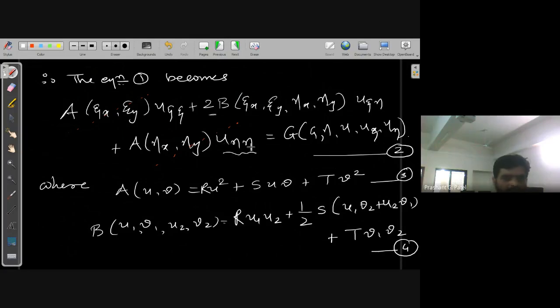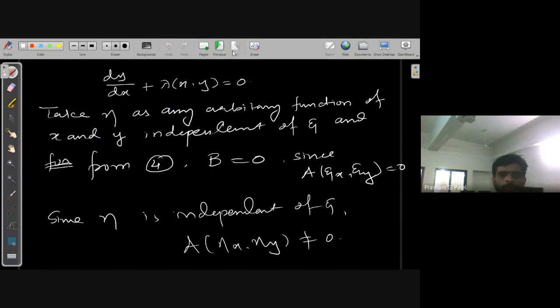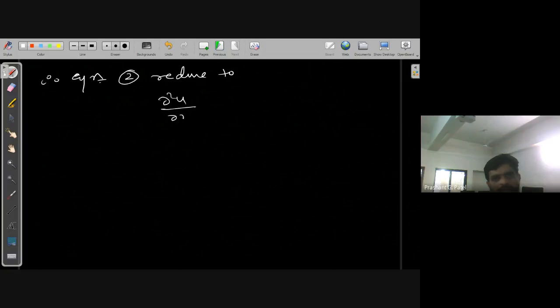Therefore the equation 2 reduces to del square u by del eta square equal to some function phi of xi, eta, u, u xi, u eta.